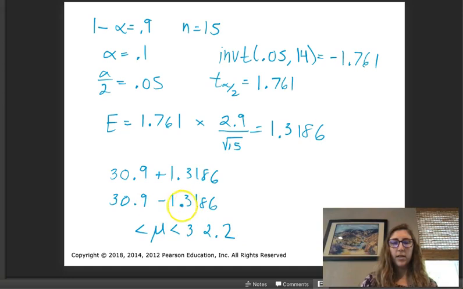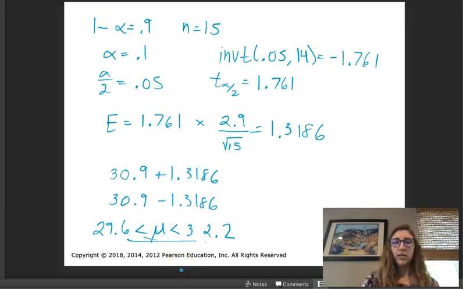If we subtract this, we should get 29.6. Okay. So we'd be saying here that we are 90% confident that the population mean, or the birth weight of girls, is somewhere in between 29.6 and 32.2. Okay. So again, this is our confidence interval.